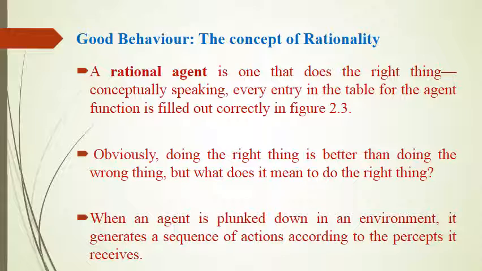How will an agent be guided to perform the right thing, or the right task, or the right instruction or sequence of process? When an agent is plunked down in an environment, it generates a sequence of actions according to the percepts it received.